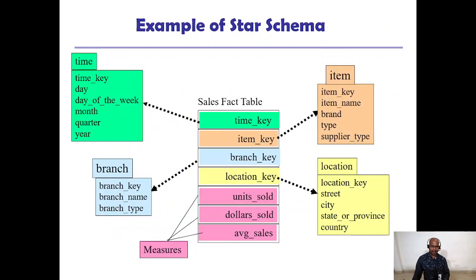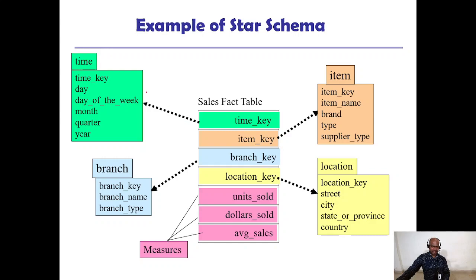That we will see. So this is the example for star schema. This is the fact table, the sales fact table. It contains this data: time key, item key, branch key, location key, units sold, dollars sold, average sales. In this fact table, some items may be connected to dimension tables.